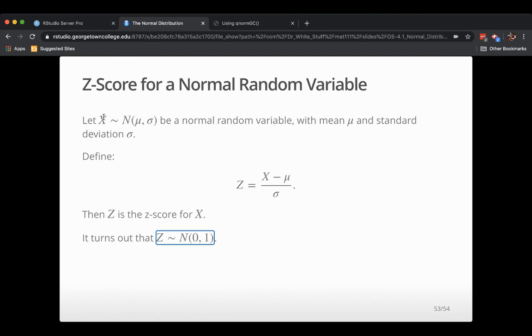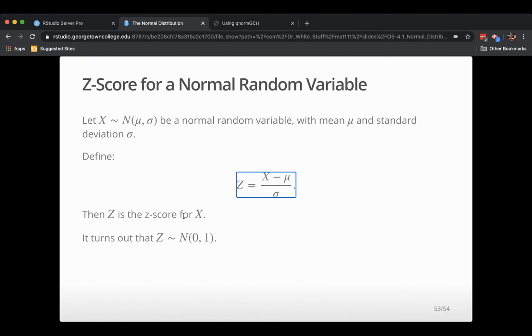If you take any normal random variable, call it x, so it could be normal with some mean mu and some standard deviation sigma, okay? And if you define a new random variable by this fraction here, random variable x minus the number mu divided by the number sigma, that's a random variable too, because it depends on x, which is a random variable.